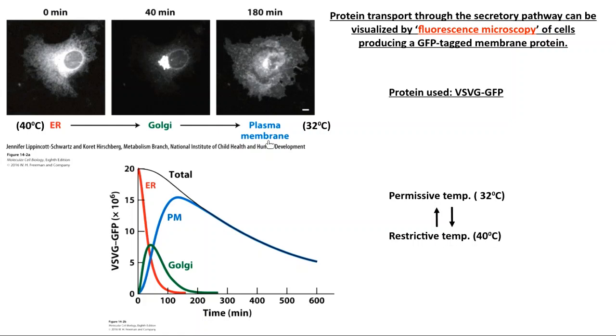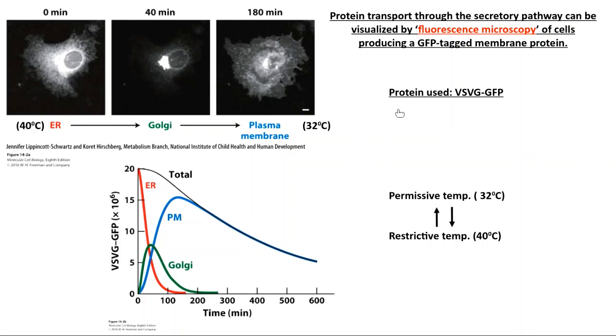Since this VSVG protein is a membrane protein, what we know is that membrane proteins are a form of secretory proteins. That means they have to be produced in the ER or folded into the ER, and then they go through the secretory pathway, that is ER to Golgi and then Golgi to plasma membrane. We are skipping the trans-Golgi network here, but overall it is ER to Golgi, Golgi to plasma membrane.